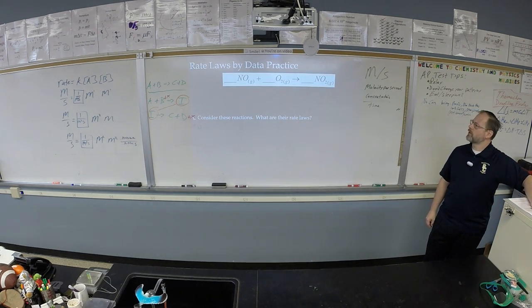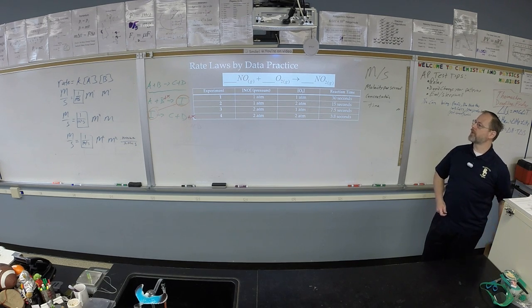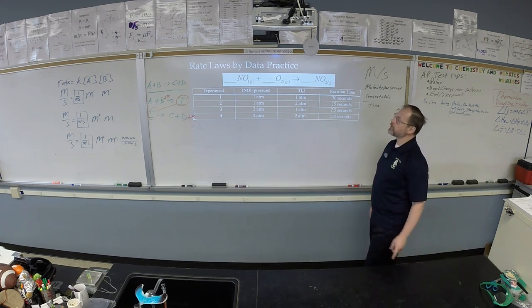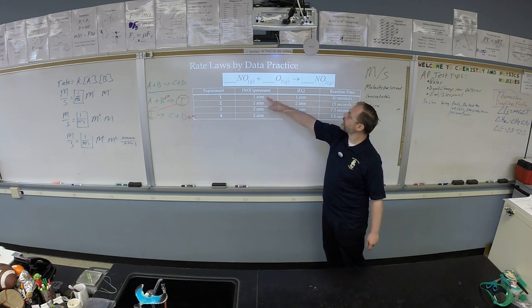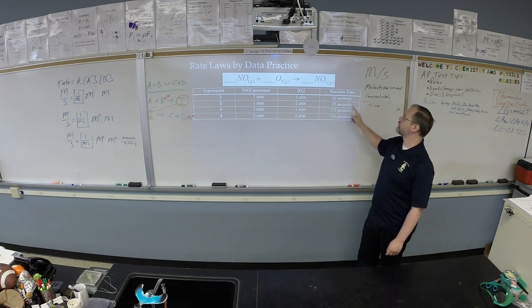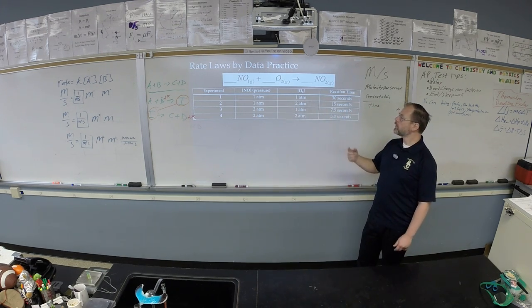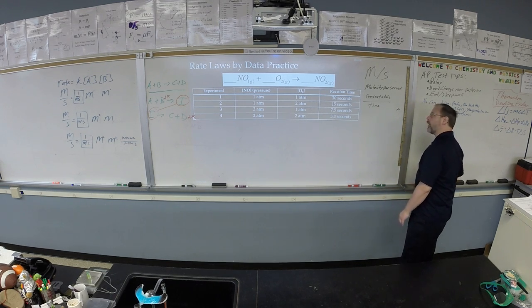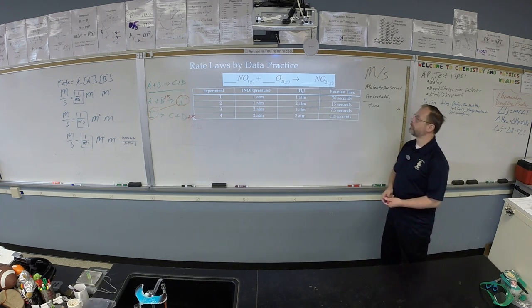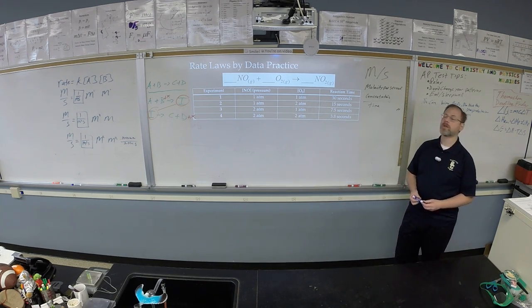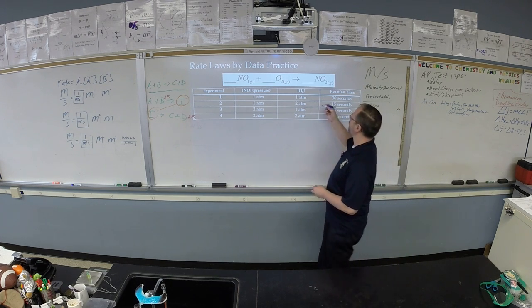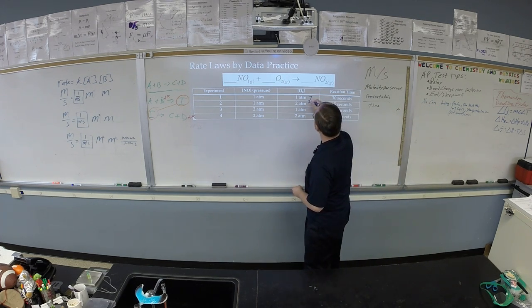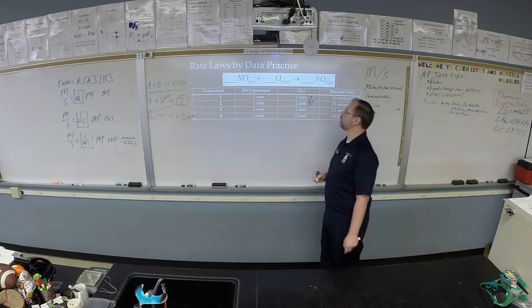So here's a sample set of data. Take a look. In experiment 1, in trial 1, we had 1 atmosphere of NO, 1 atmosphere of O2, and the reaction took 30 seconds. Look what happened in experiment 2. What did we change in experiment 2? We changed O2. We doubled the pressure of O2.